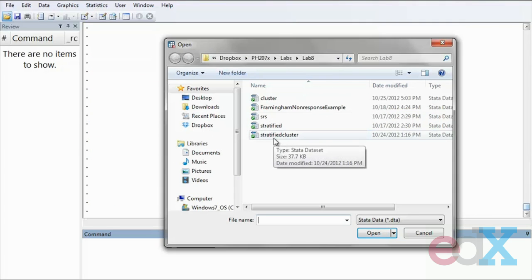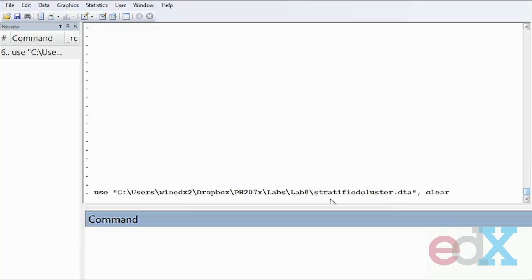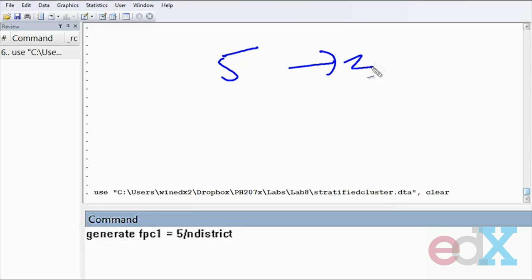Within Stata, open up the dataset stratifiedcluster.dta. As before, the first thing we're going to do is generate our finite population corrections. Recall that we're sampling 5 districts from each of the 4 provinces. So our first stage finite population correction is going to be 5 divided by the total number of districts within a province.